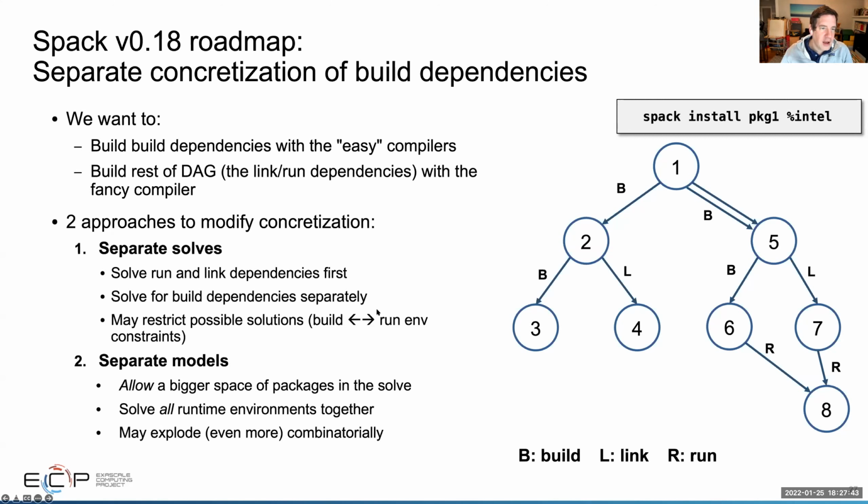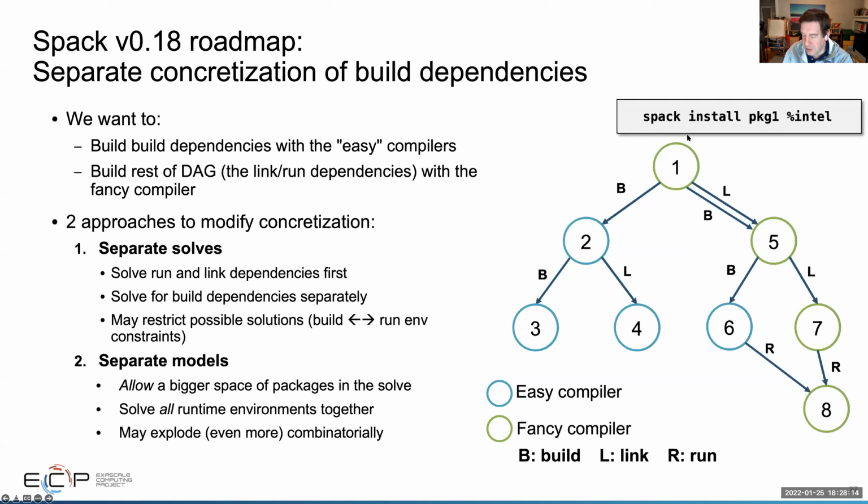What we'd really like is, if you install something to run on the compute nodes, all the link dependencies and run dependencies of that thing are installed with the fancy compilers. But we want the build dependencies to use something easy, because they don't have to run in the backend environment. There are some cross compilation aspects to this that are complicated. But that's something we can handle with the new solver.